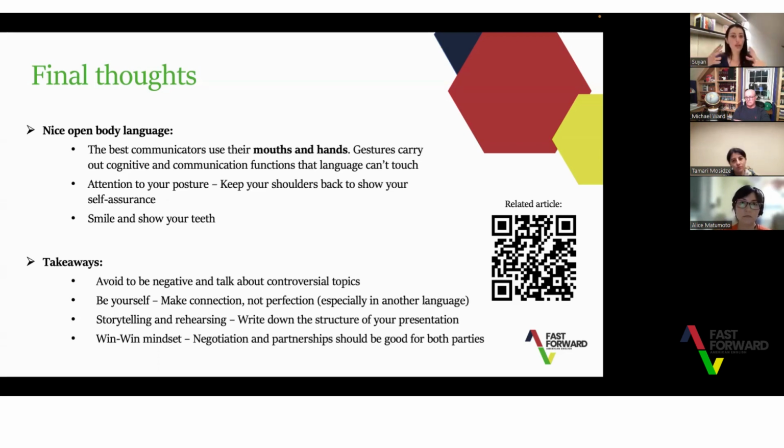So if you use your gestures, probably this person will remember what you're saying. And for sure, the best communicators use mouth and hands, because it helps you use the tools that you have to express your ideas and talk about what you want to project.